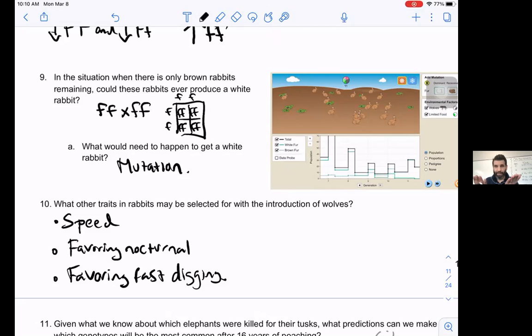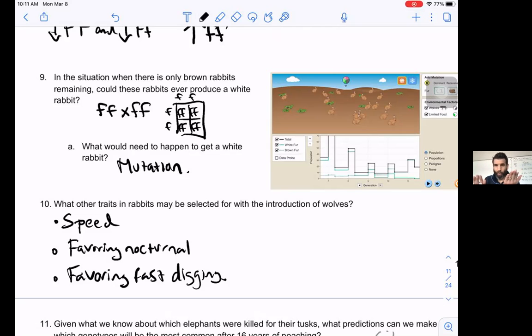Like in the human population, we all have a mix of slow twitch muscles, which help you go for a really long time, and fast twitch muscles, which give you that sprint and acceleration. Different people have different distributions of slow twitch and fast twitch muscles, and that's controlled by genetics. You can imagine that same genetics in a rabbit. Maybe having more fast twitch versus slow twitch would help dodge the wolf initially.